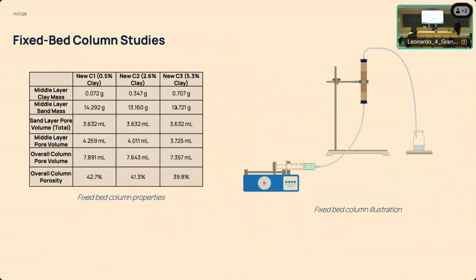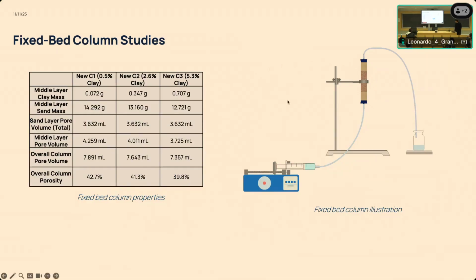Now, about the column setup, since these clays tend to swell once they come in contact with water, to address this challenge we had a multi-layer setup where we had a composite sand plus clay layer, which is sandwiched between two sand layers. The middle layer is basically a mixture of sand with our engineered clay porous media.